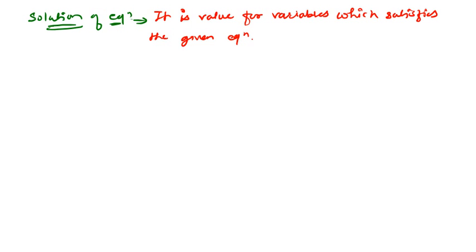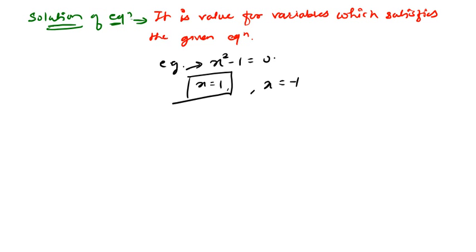For example, if I take x square minus 1 equal to 0 and put x equal to 1, x square minus 1 will be equal to 0. This means x equal to 1 is a solution of this equation. We can also check x equal to minus 1, which is also a solution of this equation.